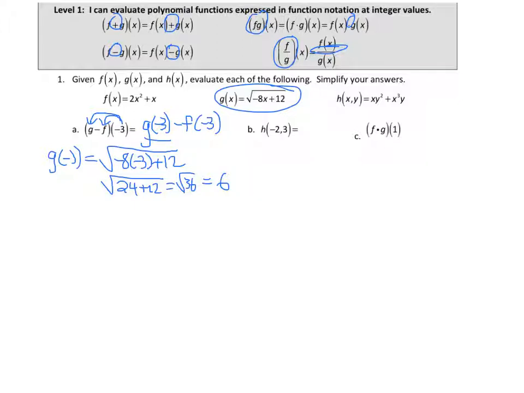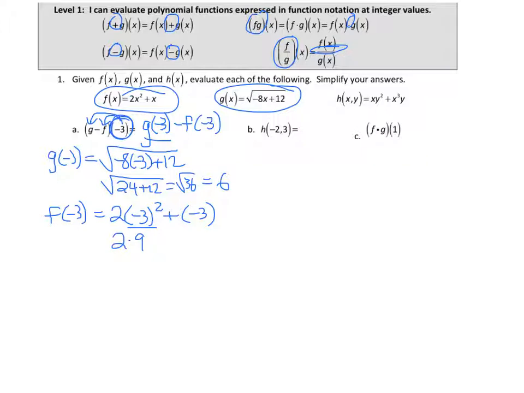Now I have to evaluate f of -3, so I'm plugging that same number, -3, into f also. So I go up to my function f, and I plug -3 into it. So I get 2 times -3 squared plus -3. Following order of operations, -3 squared is +9, so I get 2 times 9 minus 3, or 18 minus 3, which is 15.